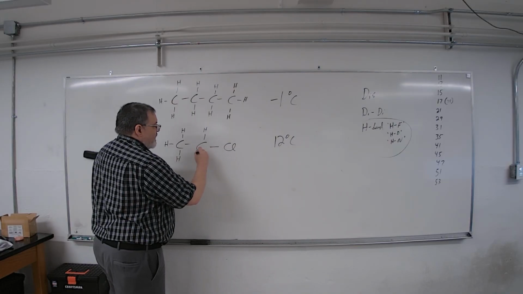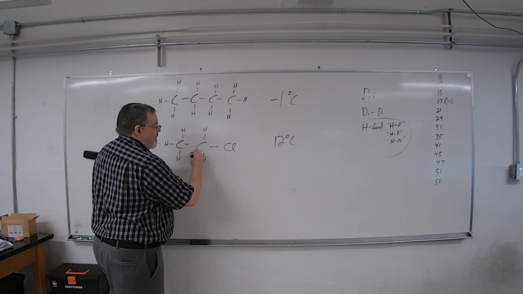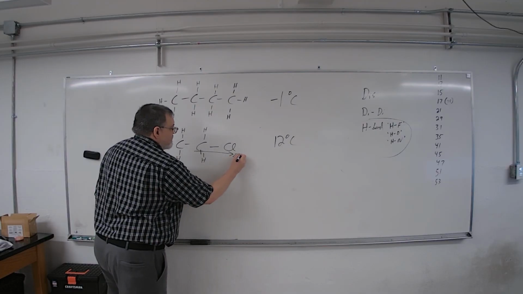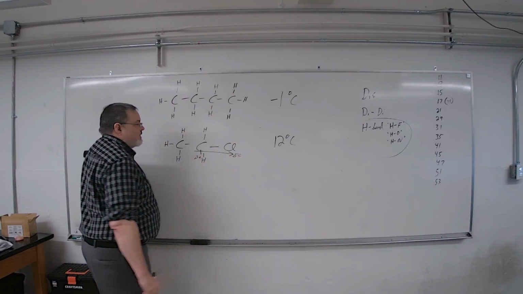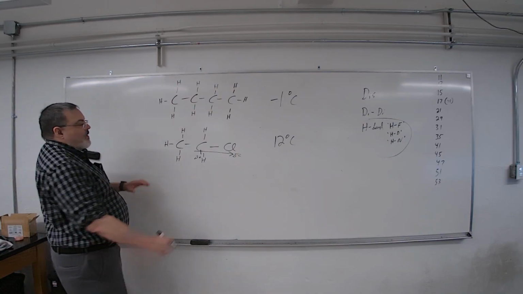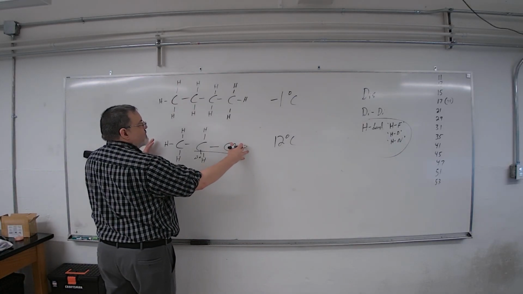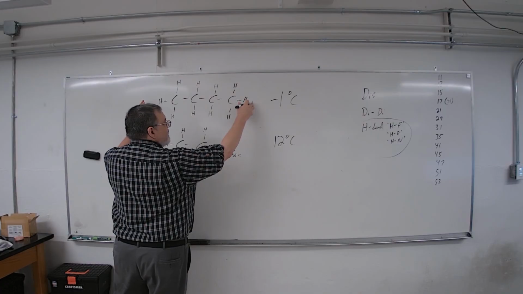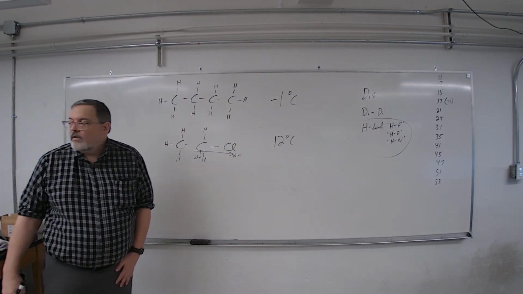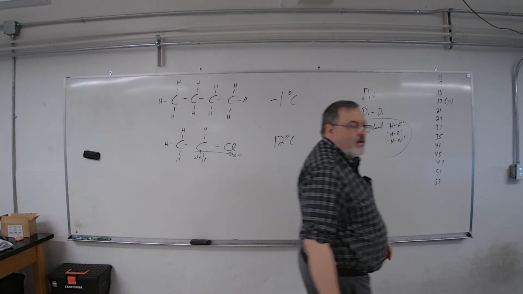So you would have a dipole here, like that. Slightly negative, slightly positive. So that's the way you would rationalize it. You have a bulk bunch of these. They stick to each other more strongly than these will stick to each other. So this one boils at a lower point, that one boils at a higher point. You with me?